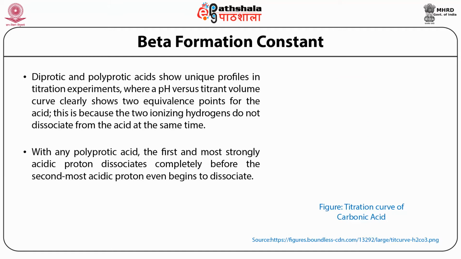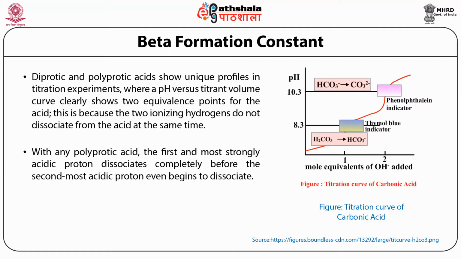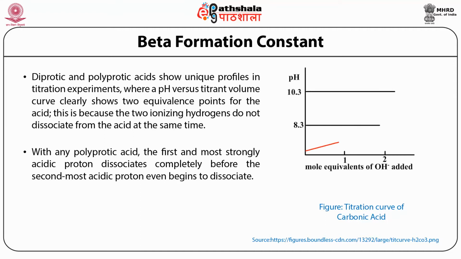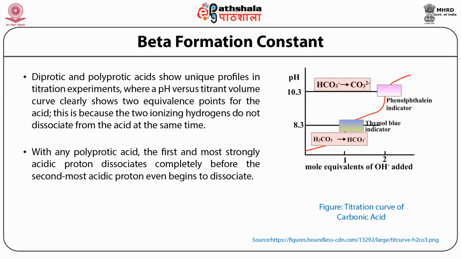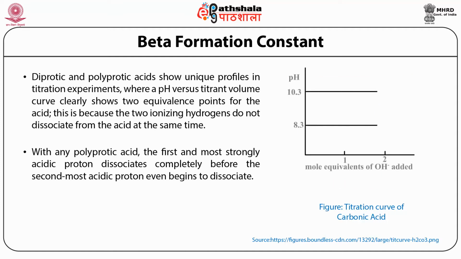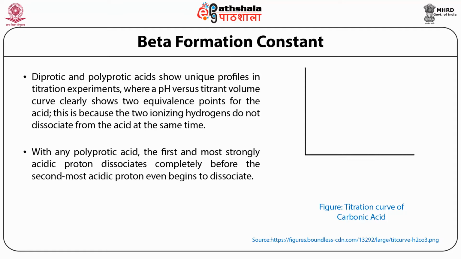As you can see from figure 2, the titration curve of carbonic acid, H2CO3 dissociates into HCO3 anion plus H plus. Here you can observe that the two curves are not overlapping; the second proton starts dissociating when the dissociation of the first proton is complete.